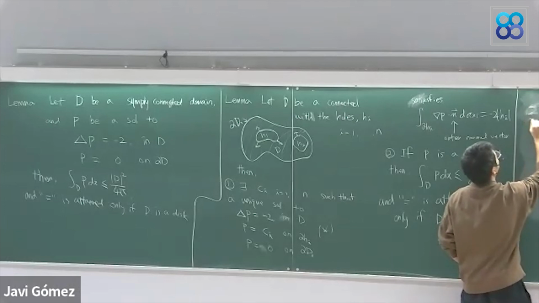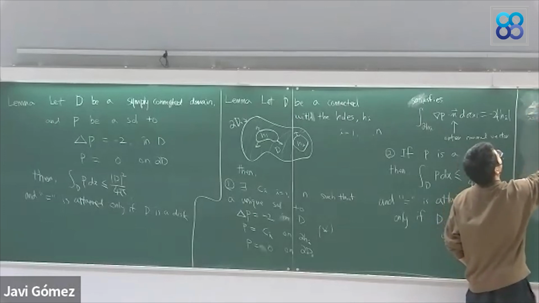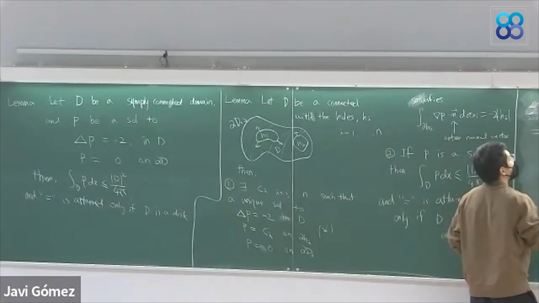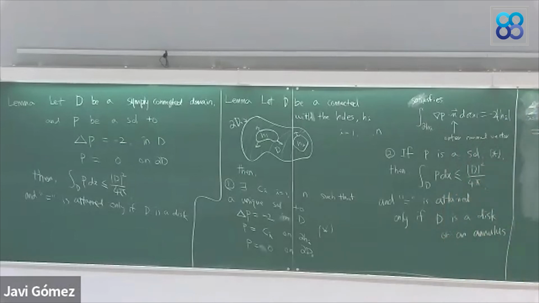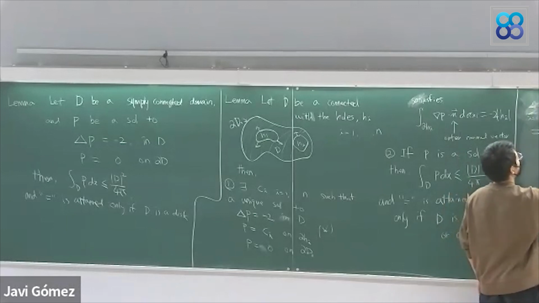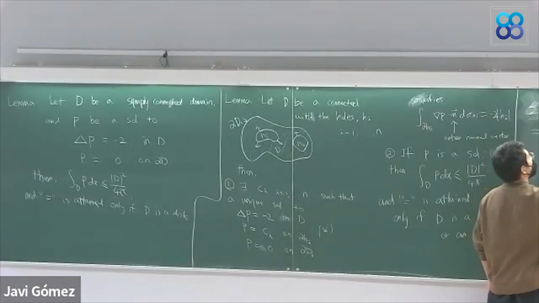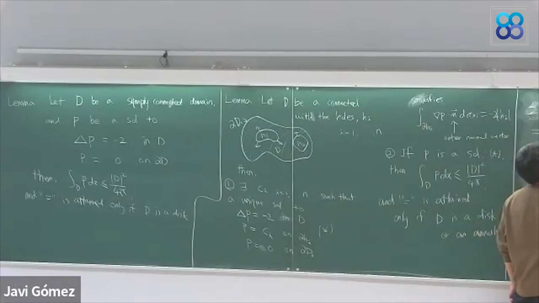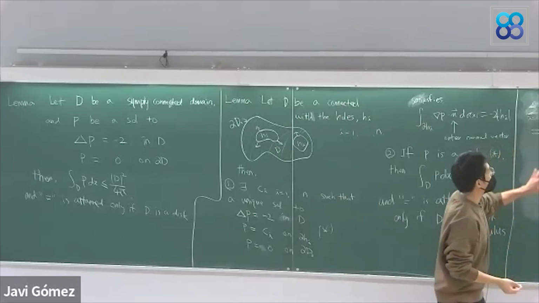So i comma j is going to be that summation. Well, let me flip the direction of n. So we are going to have the negative of the sum from 1 to n of the integral of hi grad vj times negative n dσ.